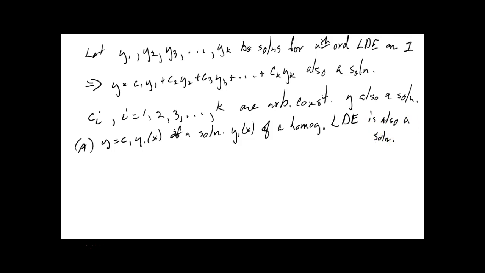Now they've snuck homogeneous back in here. So if you have a solution Y1, you know it's the solution of that homogeneous linear differential equation. Any constant multiple of that is also a solution of that linear homogeneous differential equation.